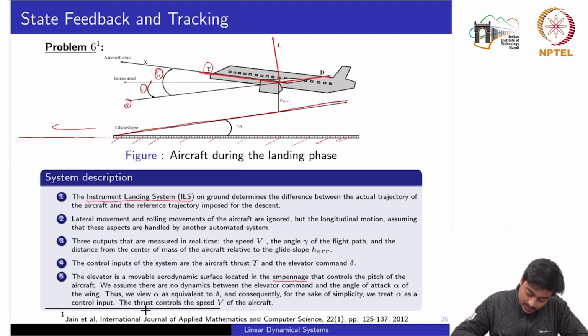So the thrust controls the speed of the aircraft. If you want to get to know more about the system description of this aircraft during the landing phase, I would suggest you go through this reference, which is given in the footnote.